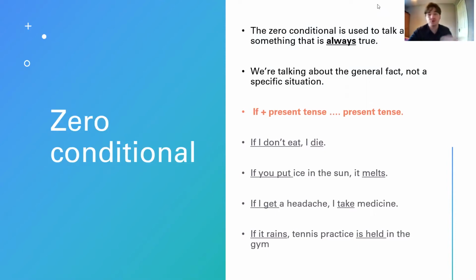Nobody plays tennis in the rain. Again, we're not talking about a specific training session. We're just talking about what happens all the time. So this is a 0 condition. Things that are always true. If plus the present tense, present tense.